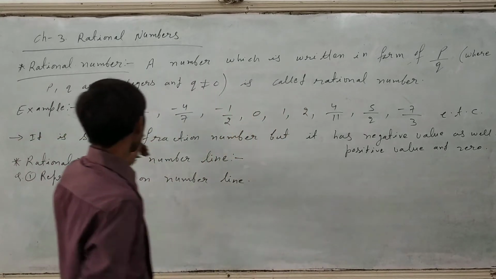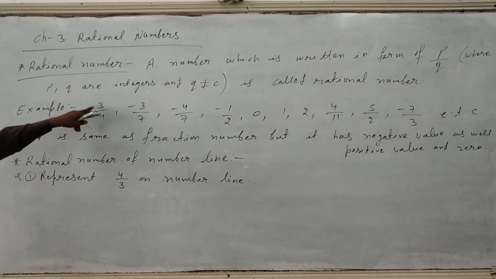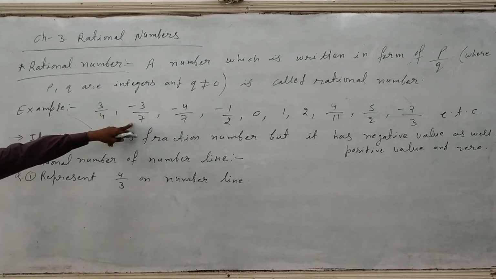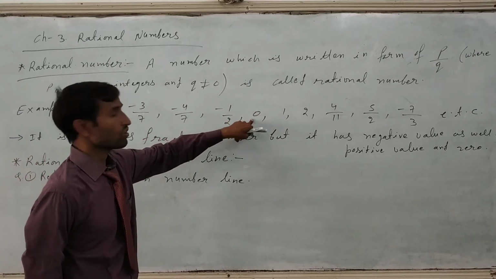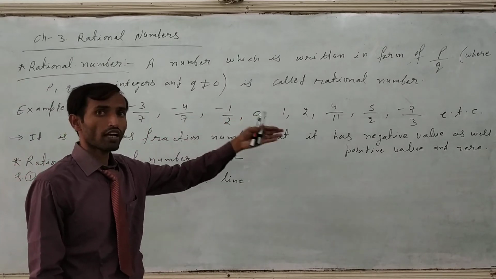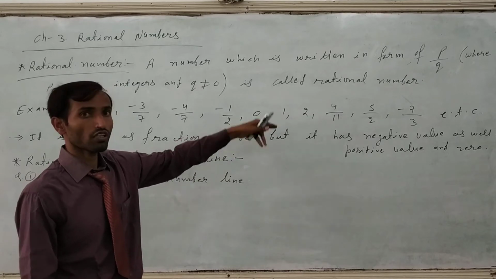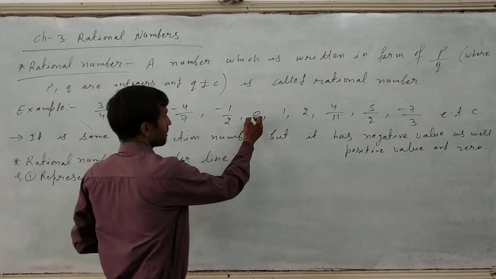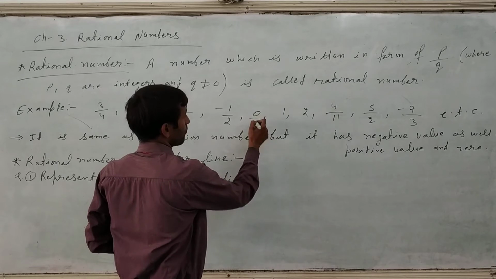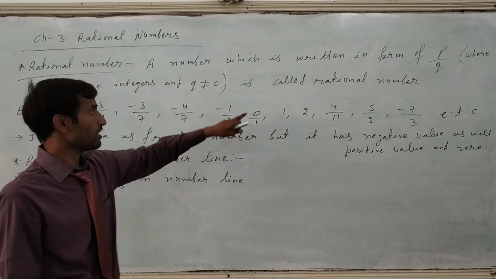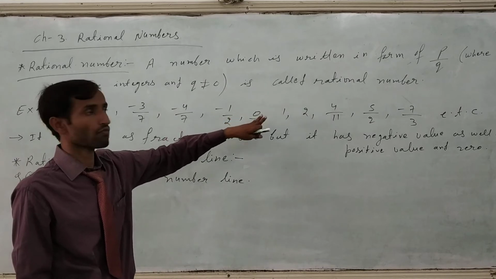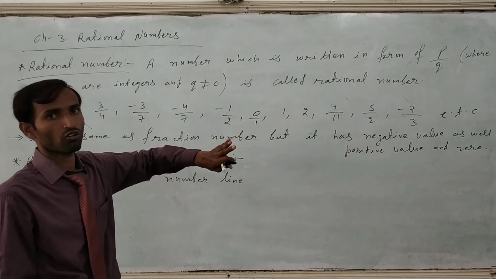For example, 3 upon 4, minus 3 upon 7, minus 4 upon 7, minus 1 upon 2, and 0. So 0 is also a rational number, because you can write 0 upon 1. Nothing is written in the numerator part, and the denominator part is 1. So we can write it in p upon q form.